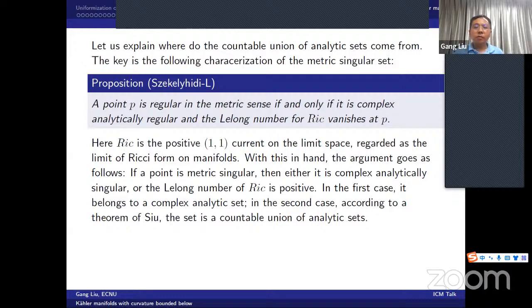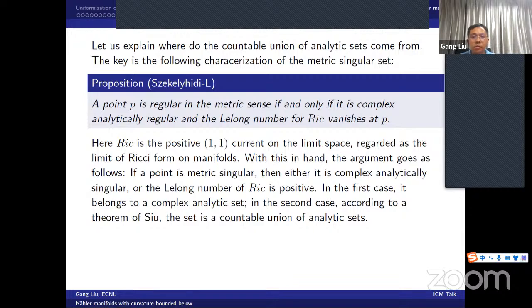With this in hand, the argument goes as follows. If a point is metric singular, then we know that it is either complex analytically singular or the Lelong number of Ricci is positive. In the first case, it belongs to a complex analytic set.